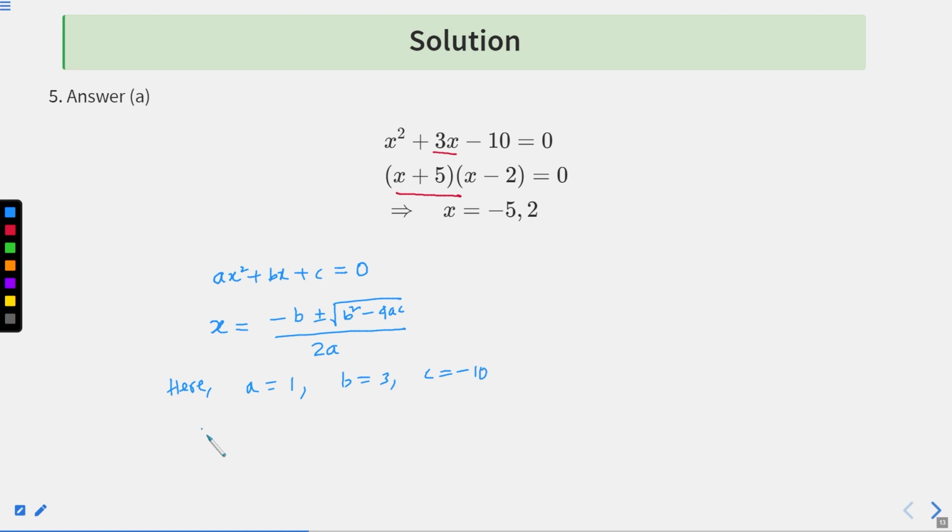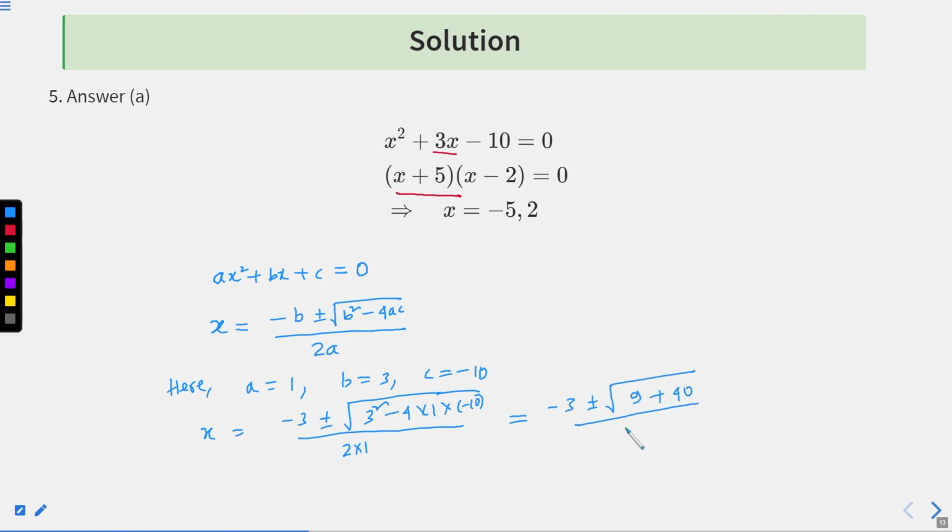Now x is equal to minus 3 plus minus root over 3 square minus 4 times 1 times minus 10, divided by 2 times 1. This is equal to minus 3 plus minus root over 9 plus 40 divided by 2, which is equal to minus 3 plus minus 7 divided by 2.